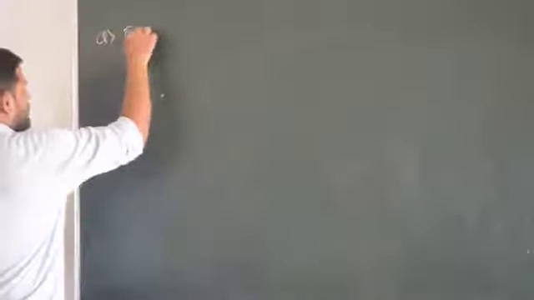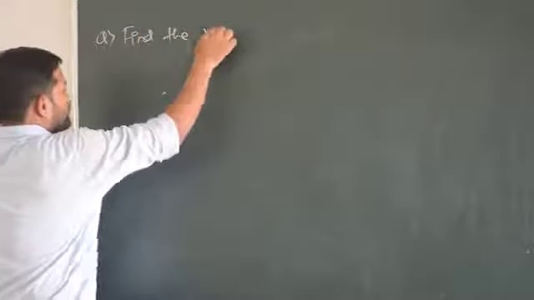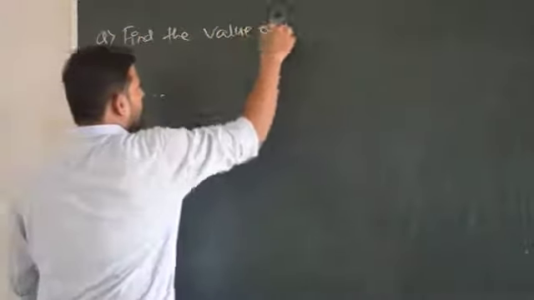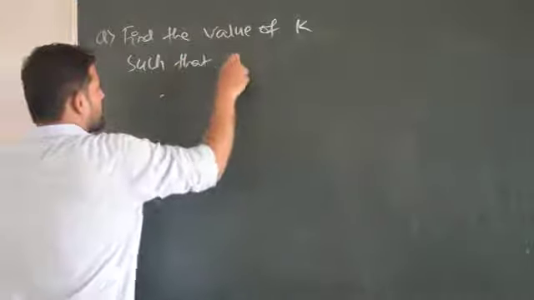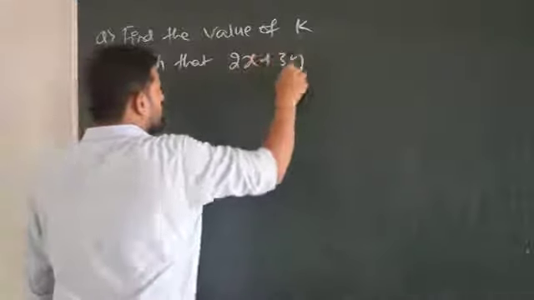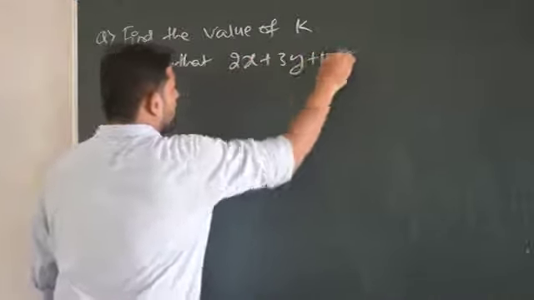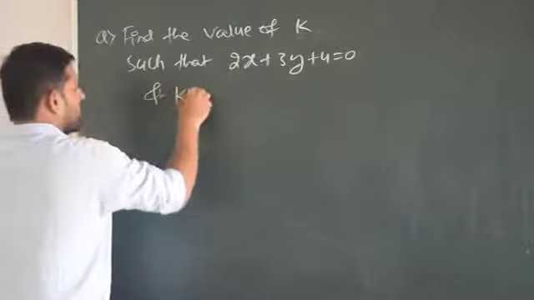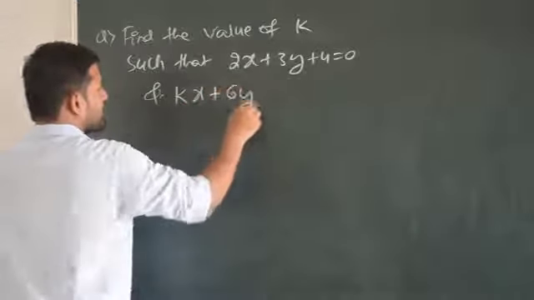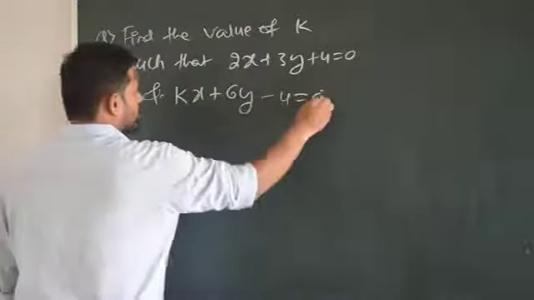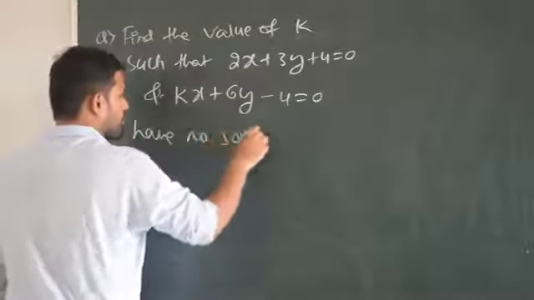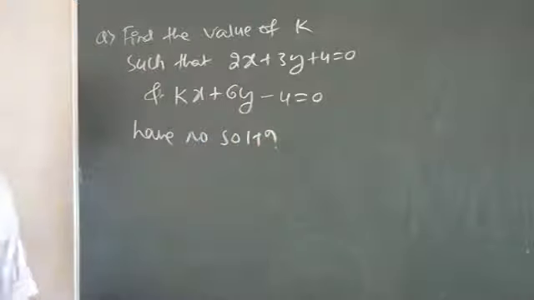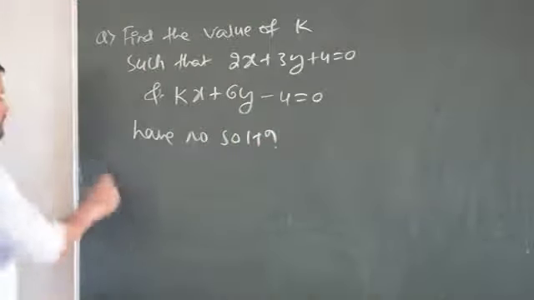Now the question is: find the value of k such that 2x plus 3y plus 4 equal to 0 and kx plus 6y minus 4 is equal to 0 have no solution. This is what you need to find out. Now let us start the question.